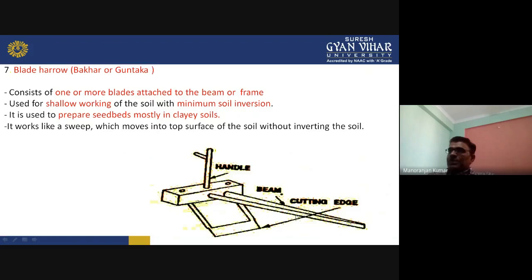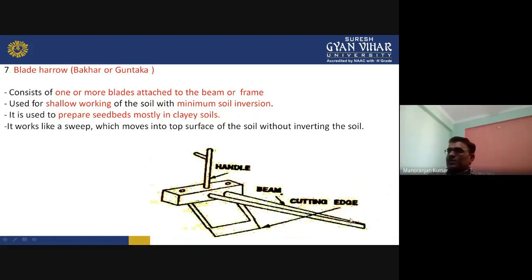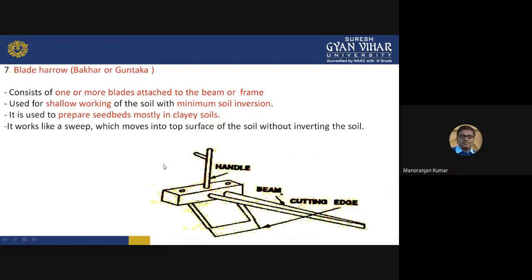This beam is used for pulling this implement by animal power or mechanical power. And this is the handle. This handle is held by the operator who is operating this implement in the field, and here this is the blade.